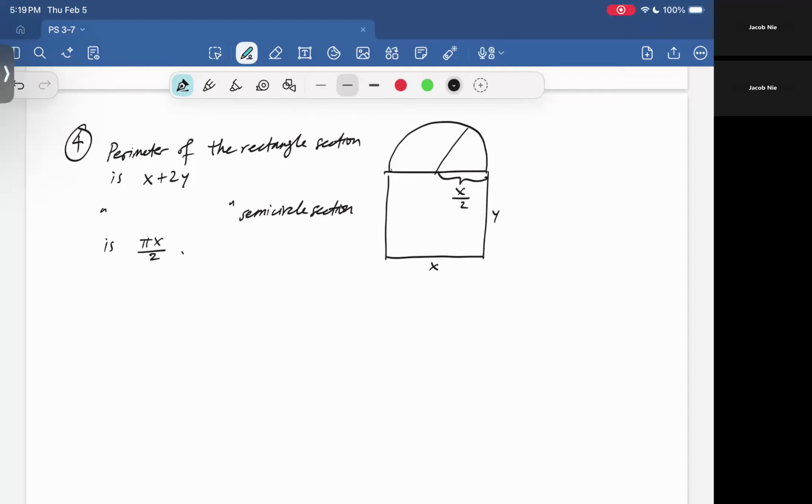Why is it pi x over 2? Well, the perimeter of a circle is 2 pi r, right? So the perimeter of a semicircle must be pi r. And based on this diagram, we know that the radius r is x over 2. Okay. The total perimeter is 16 feet. So we know that x plus 2y plus pi x over 2 is equal to 16.